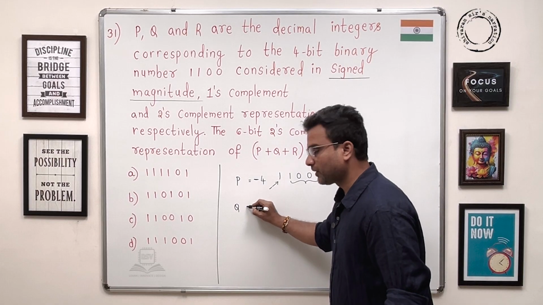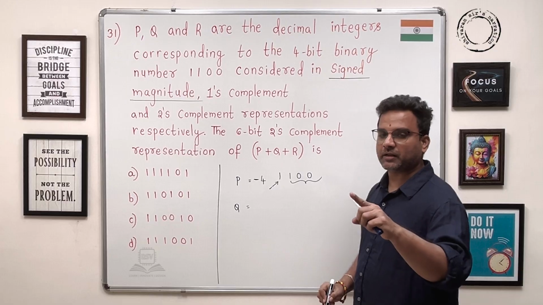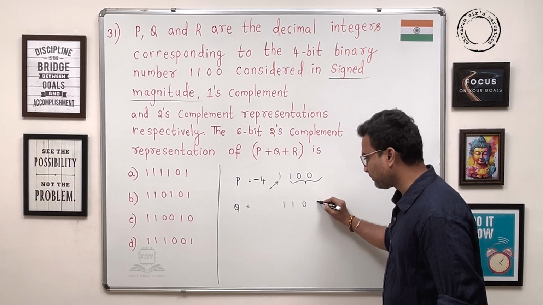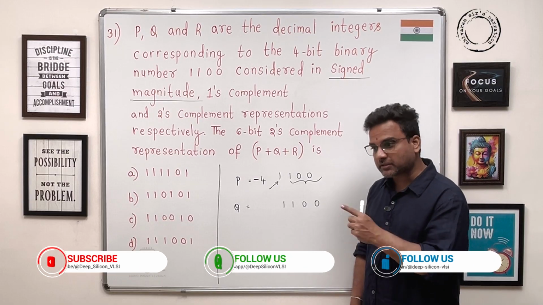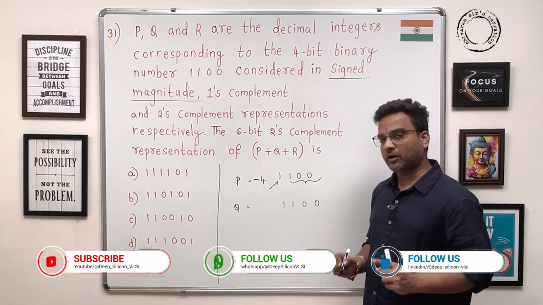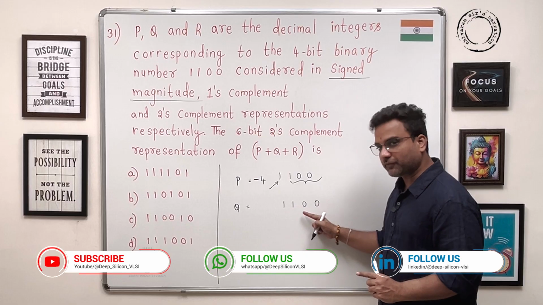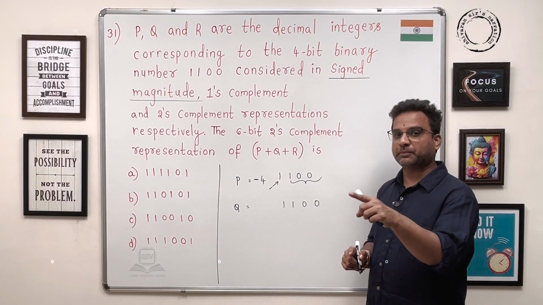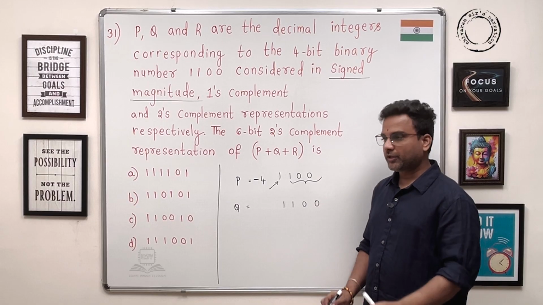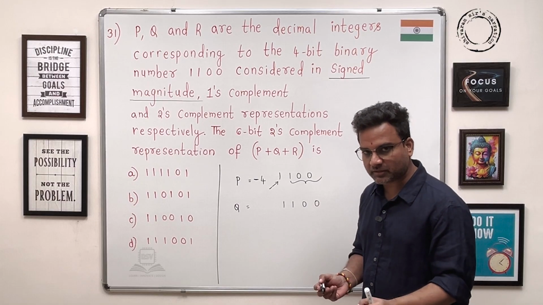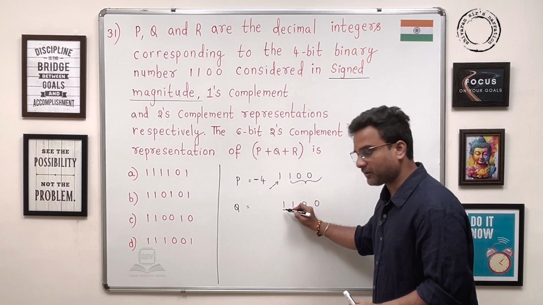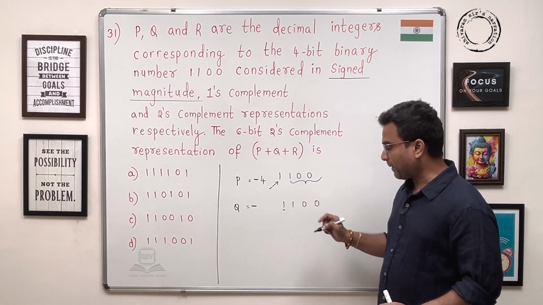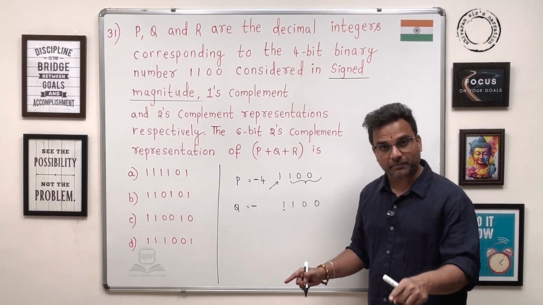What is Q? It is in 1's complement representation. You take 1100. This is your 1's complement representation. Now calculate the decimal representation as per the 1's complement representation. Usually the procedure is, if MSB is 1, it is a negative number.